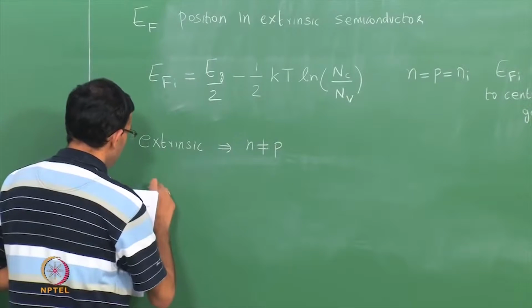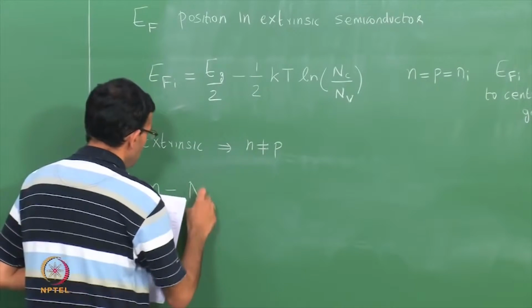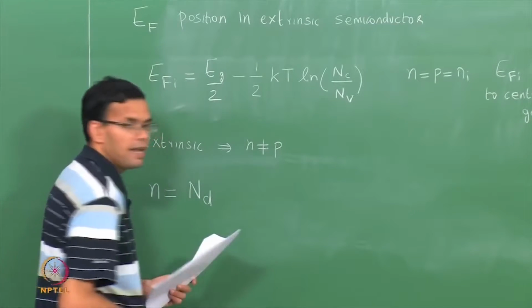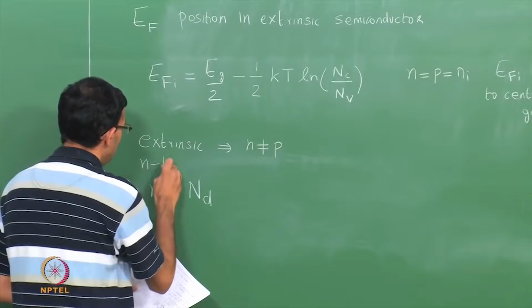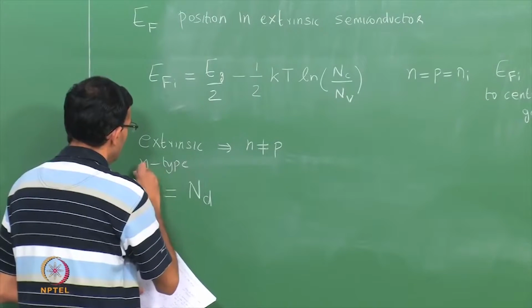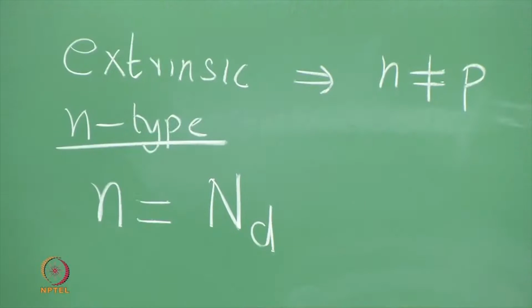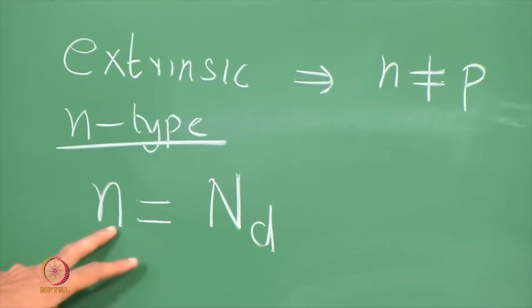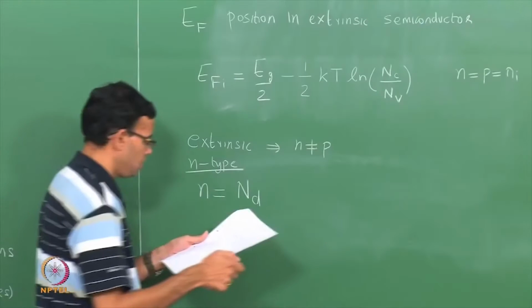One way to look at it or to calculate the shift is to use the equation for the electron concentration. So, let me start with an n type semiconductor with Nd being the concentration of the donors. The donors are all completely ionized. So, the electron concentration is the same as the donor concentration.